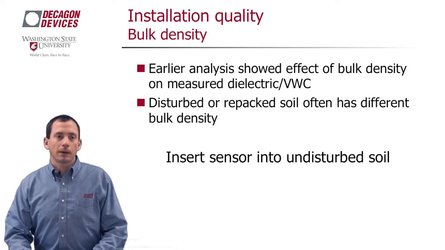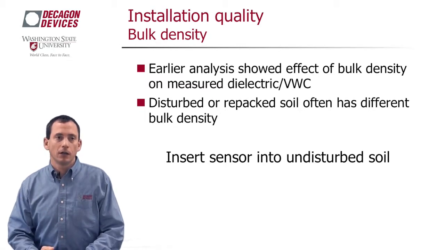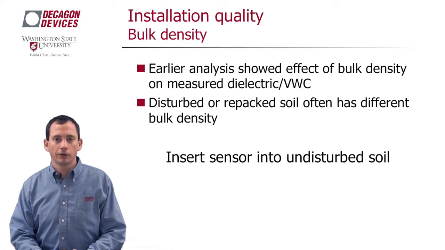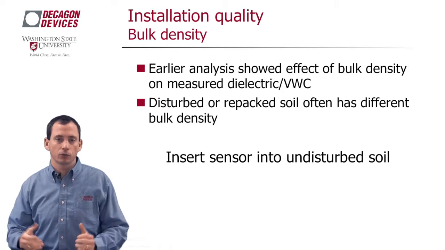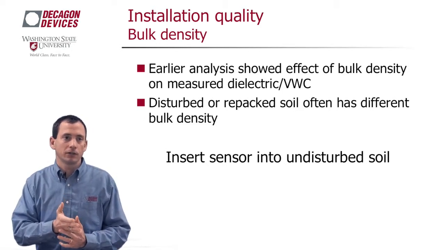So let's talk about a little bit more. I'm talking specifically about air gaps previous to this, but you also can get some errors that are due to installation if you don't install the sensor into undisturbed soil. It's always best to insert that sensor into undisturbed soil because then you're measuring the native bulk density.